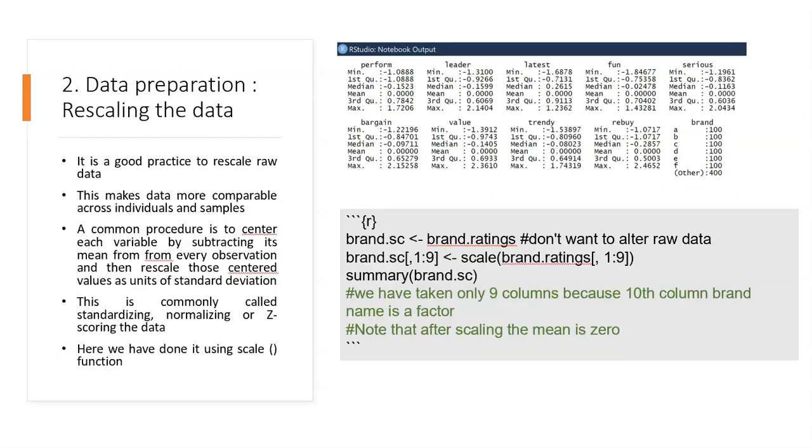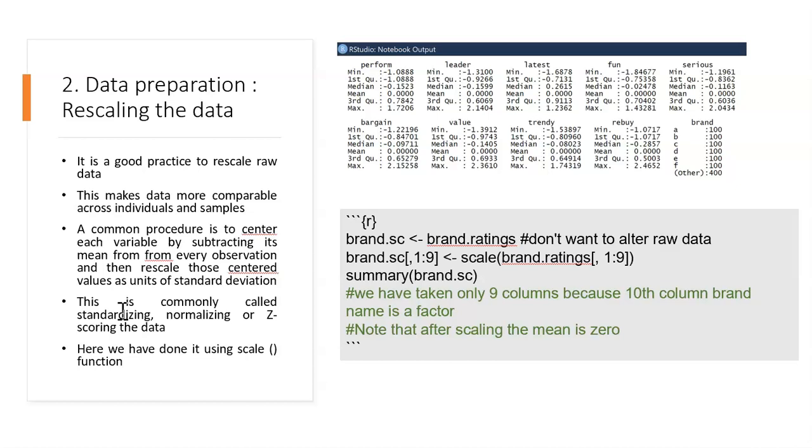Next is data preparation or rescaling the data. It's a good practice to rescale raw data. This makes data more comparable across individuals and samples. And how do we do that? We do it using the scale function. However, the statistics behind it is that from each variable we subtract its mean and then rescale those centered values as units of standard deviation.